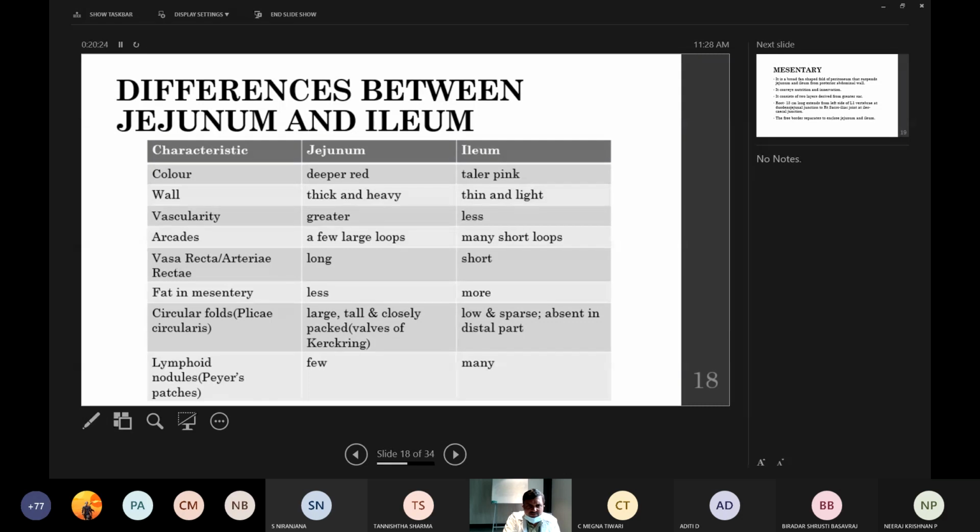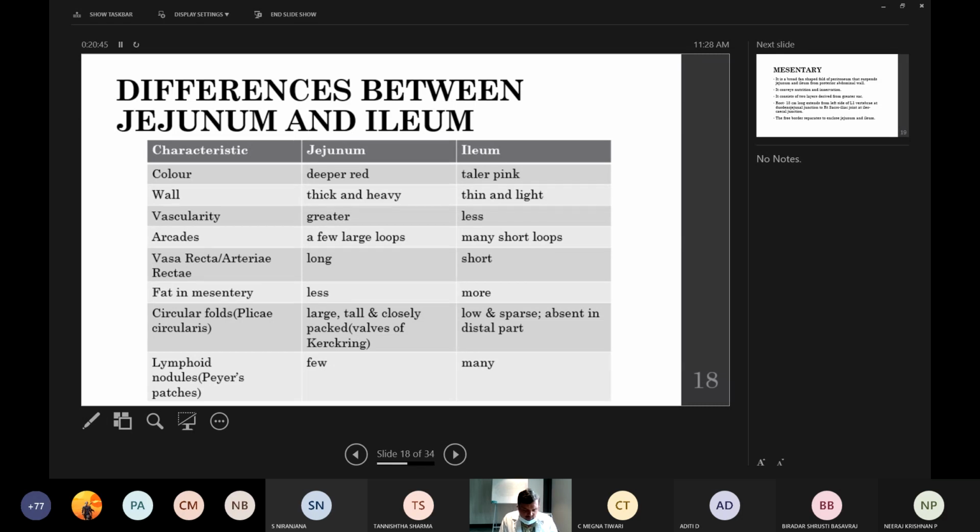Now, there are some differences between the jejunum and the ileum. Characteristics: the first is jejunum and the second is ileum. Color: the jejunum is deeper red, whereas the ileum is paler pink in color.